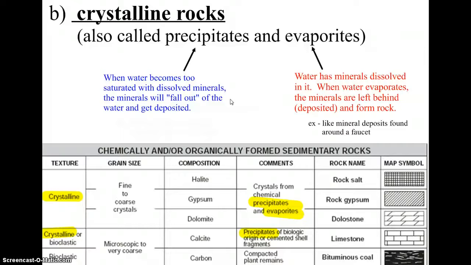So they basically fall out of the water and end up on the bottom. You might have seen this when you've made a cup of hot tea. If you've mixed in sugar, as the tea cools down, the sugar crystals will actually fall out of the tea and end up at the bottom of your glass. So that is a process called precipitation.